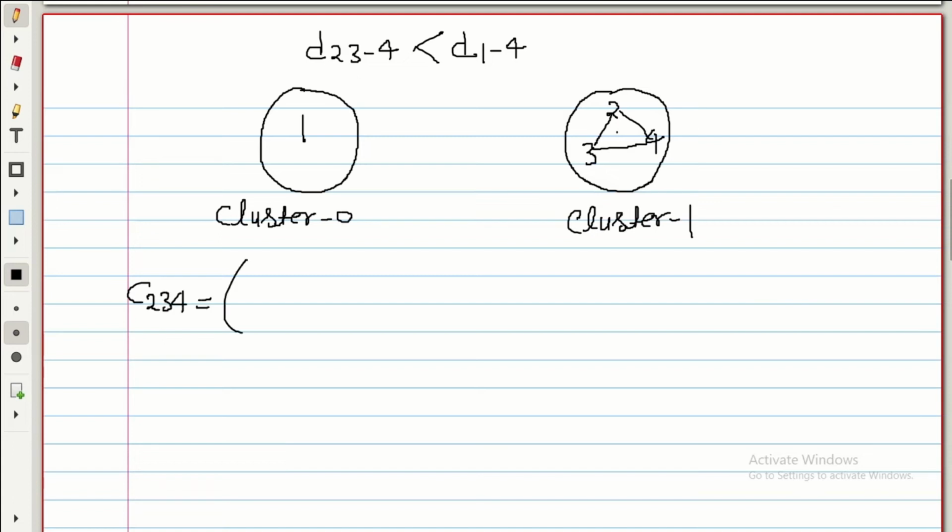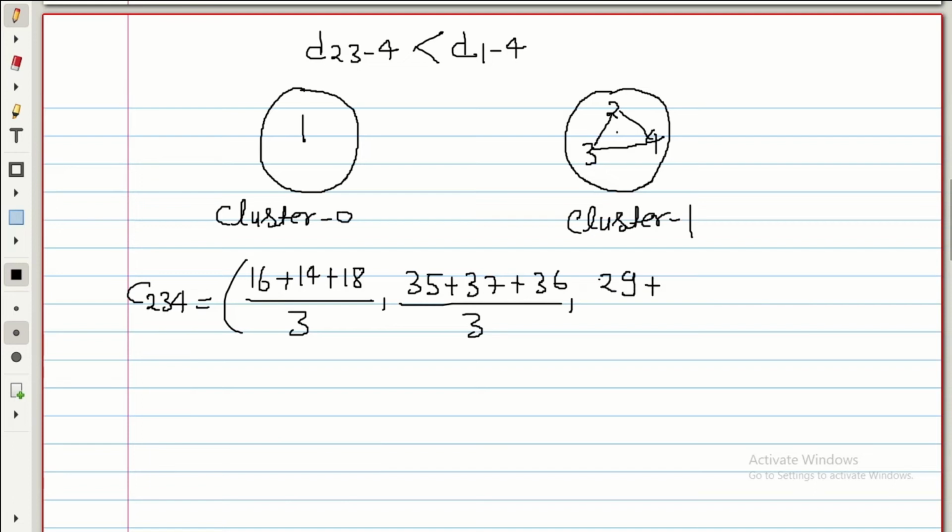You will calculate like this: (16 plus 14 plus 18) upon 3, comma, (35 plus 37 plus 36) upon 3, comma, (29 plus 25 plus 21) upon 3, and finally that would be equal to 16, 36 and 25.